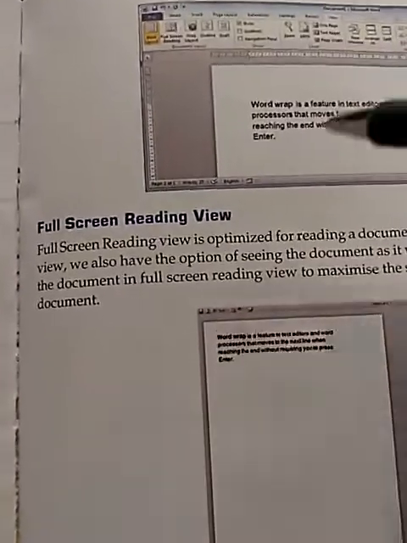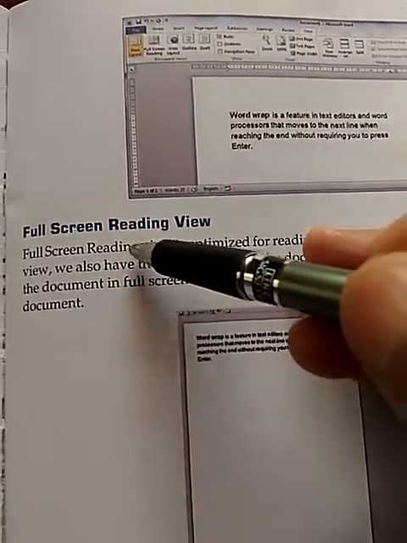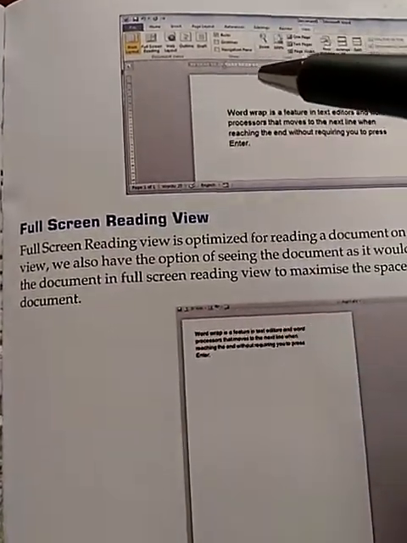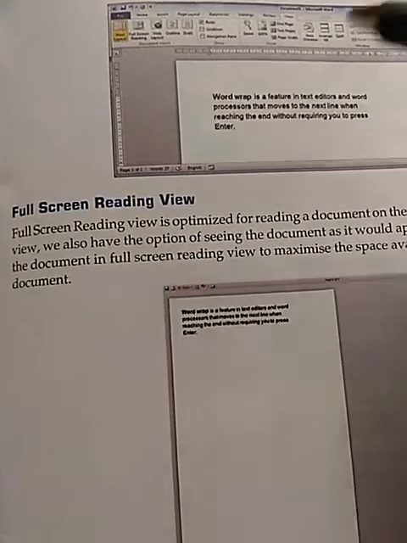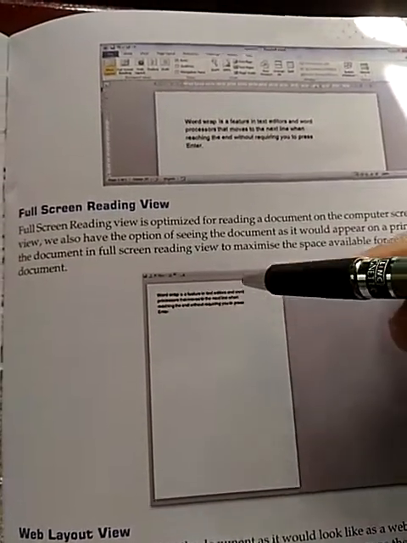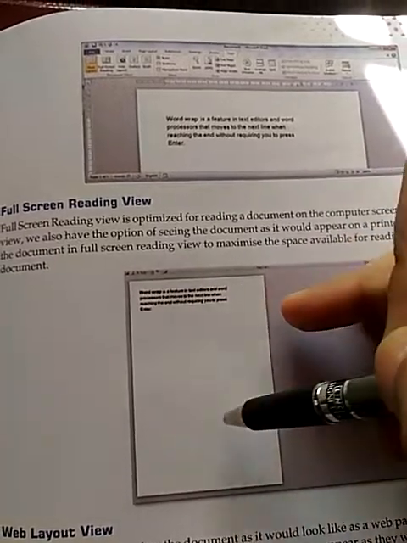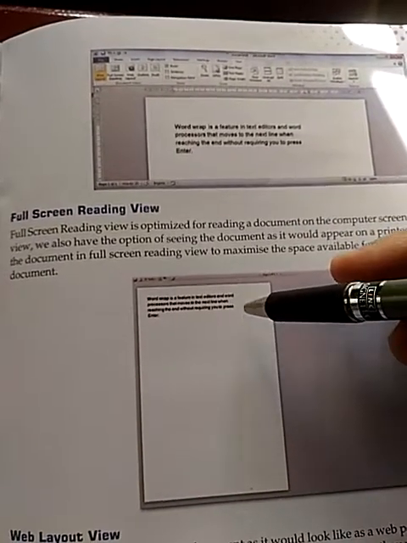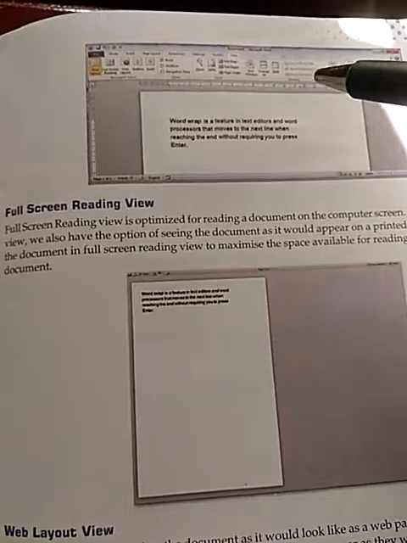Full screen or reading view. Basically, full screen or reading view increases the area for visualization of the document, meaning the document appears on the full screen. Now it is convenient to read the document.